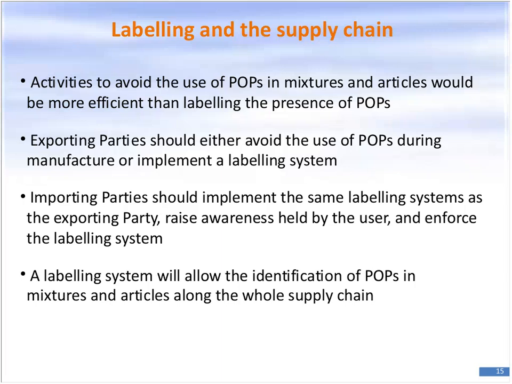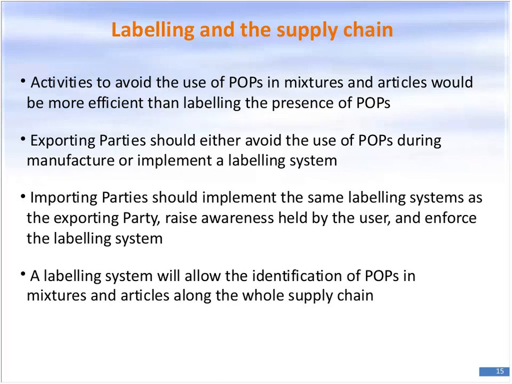Then it is up to the producer and the exporting countries to either avoid POPs, or implement a labeling system that gives information to the user, because only the producer knows what he puts into mixtures and articles, and only if he informs others through a labeling system can the user be warned and make use of the information that the POPs is in the mixture or in the article.